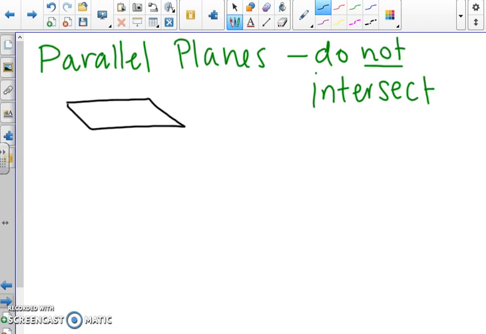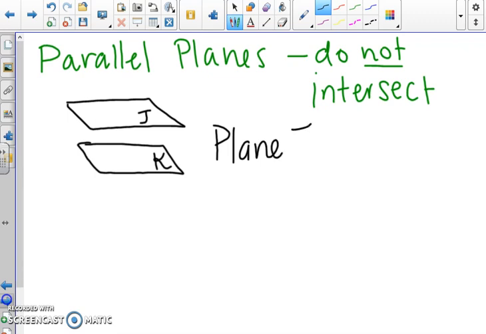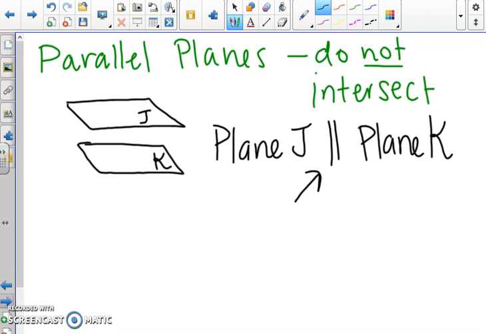So let's say that's plane J, and then maybe over here we have plane K. And we designate them by saying plane J, we're going to pretend that's a script J, is parallel with plane K. So we still use that same parallel symbol notation for planes, same thing as with lines.